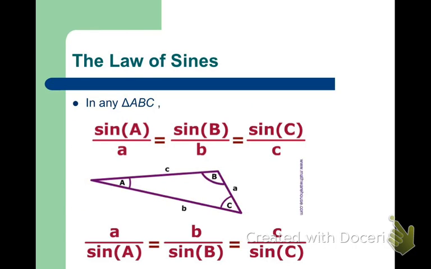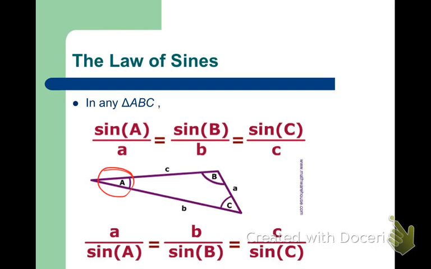So you should jot down either one of these or both. They both solve for unknown sides and angles in non-right triangles. And they work because they're reciprocals of each other. It's really up to you which one you want to remember. But in essence, what this says is we take this angle here.